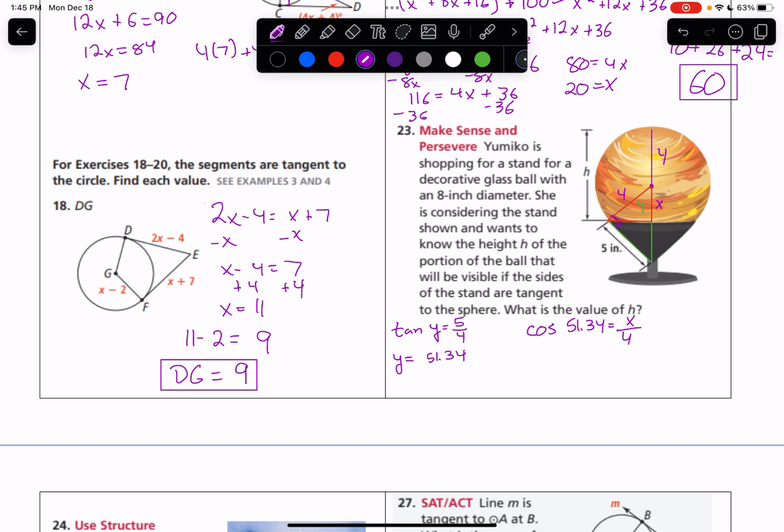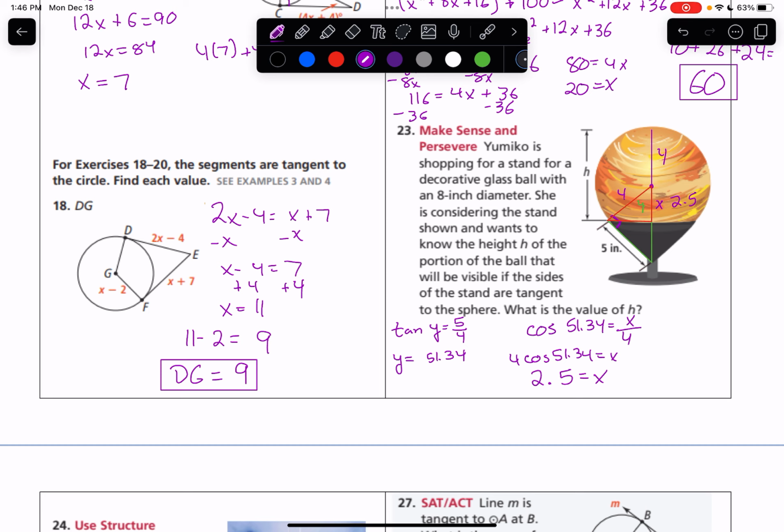All right, so then 4 cosine of 51.34 is going to be my answer there. 4 cosine 51.34 equals x. That is 2.5. So this piece right here, x, is 2.5 units.